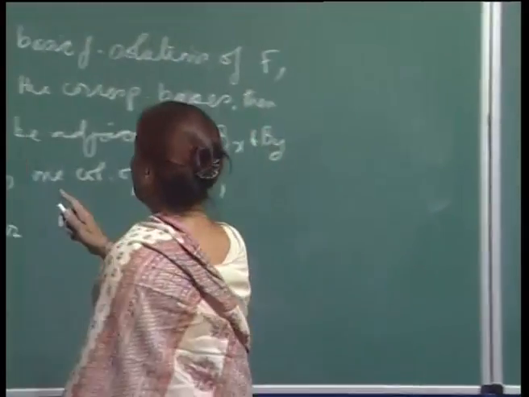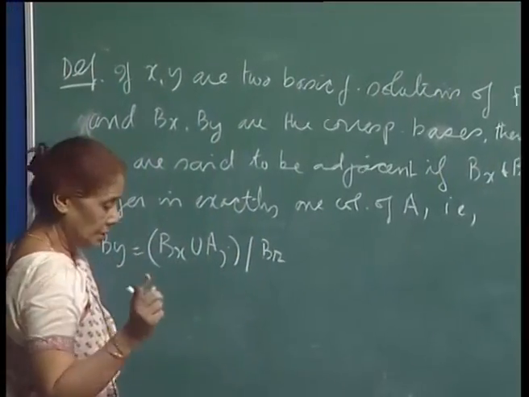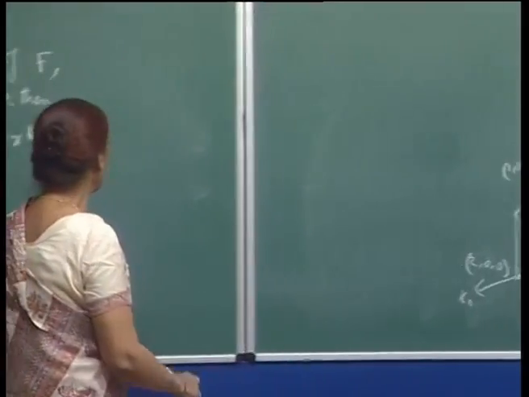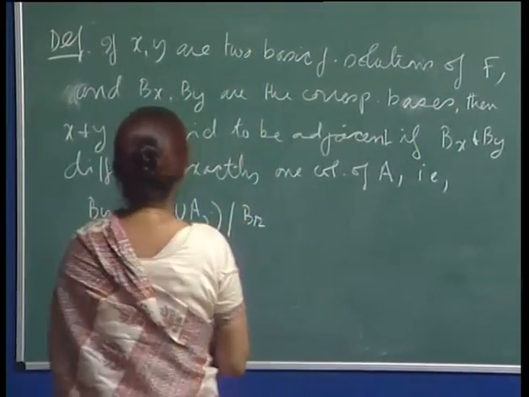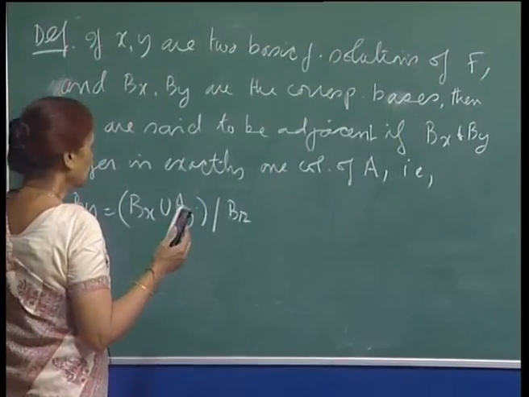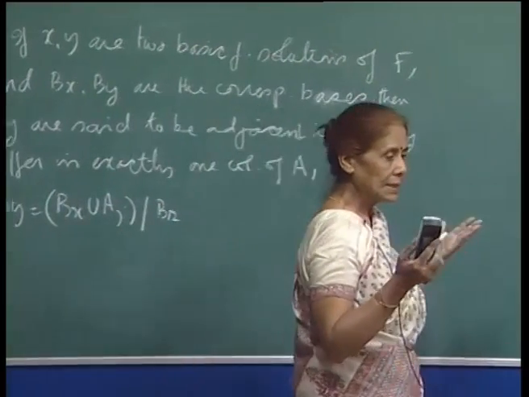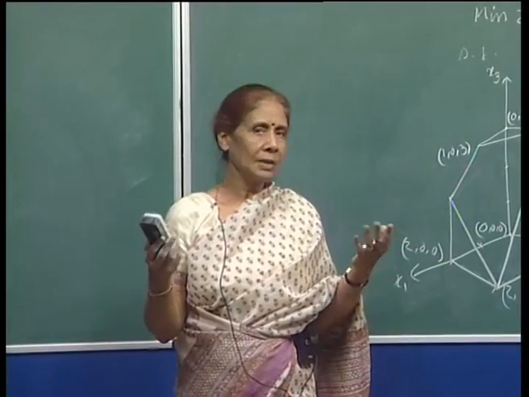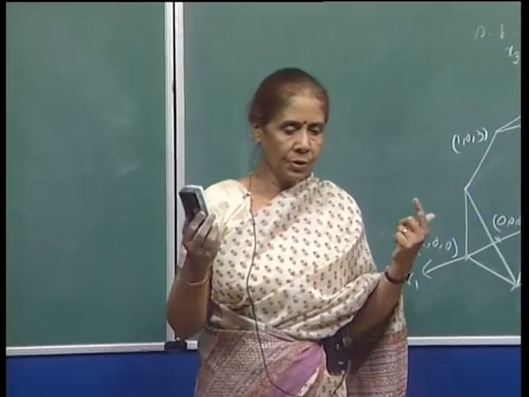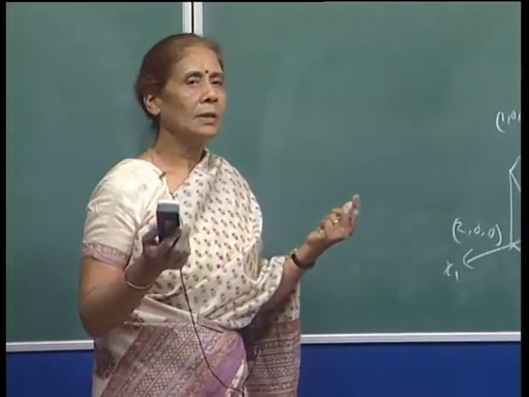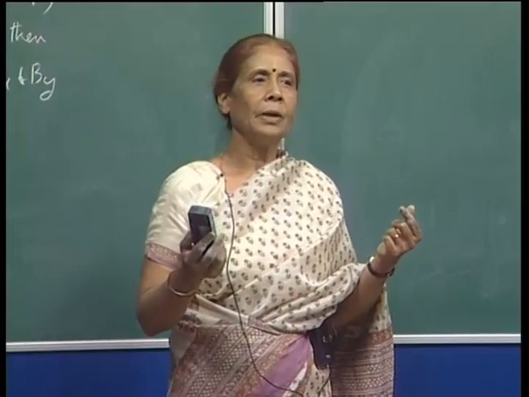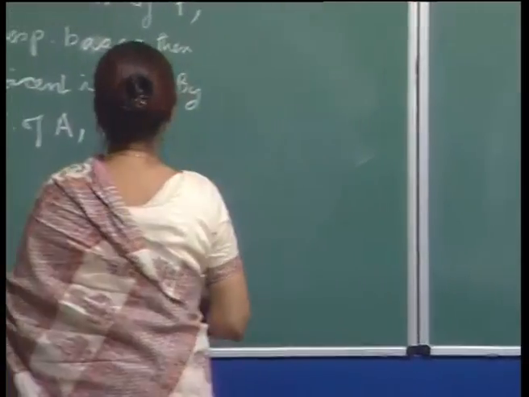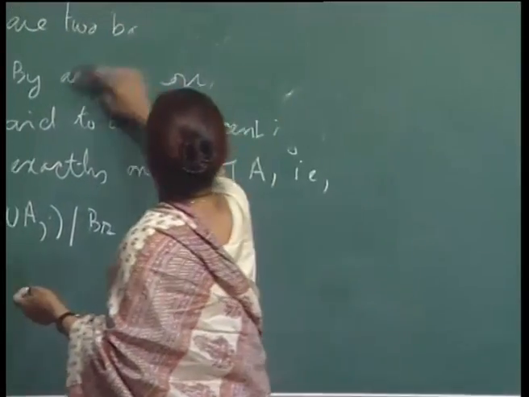After defining adjacent basic feasible solutions and adjacent extreme points, let me show you the correspondence between the two. I don't need to use the word distinct when calling them adjacent, because if they are adjacent they are distinct. So for two adjacent extreme points, the corresponding bases will also be adjacent, and therefore the corresponding basic feasible solutions will also be adjacent. This is what I want to prove now.